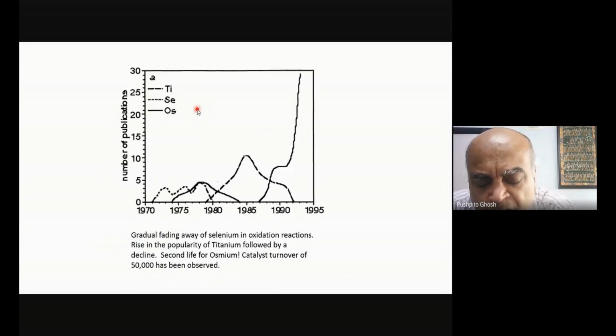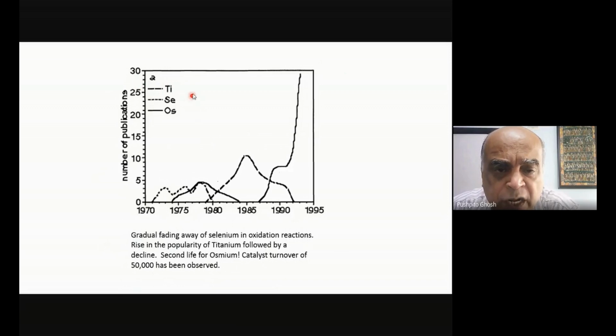Have any of you heard of the use of selenium dioxide as an oxidizing agent? Anyone is aware? It's a great reagent. For example, you can convert a methyl into an aldehyde, and methyl is otherwise so unreactive. So there was a lot of interest in selenium dioxide as an oxidizing agent.